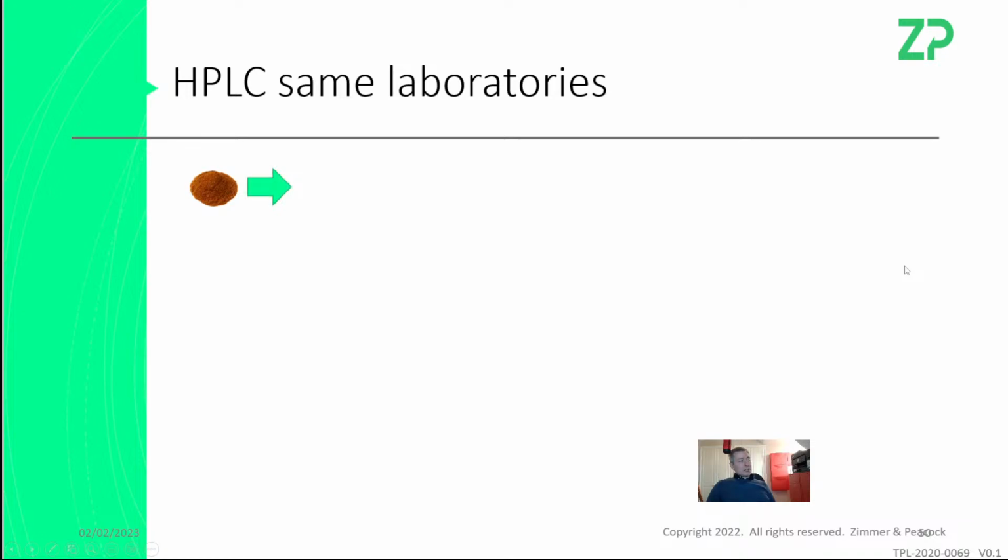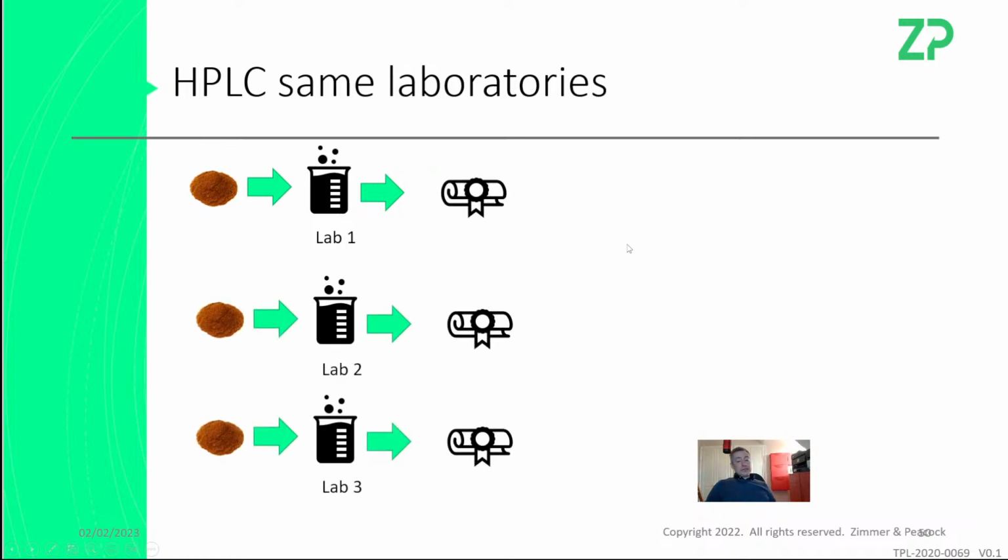There's also another challenge you can try: send the same samples from the same batch to the same lab, but you almost have to blind the lab. The lab shouldn't know. If you send it over time, that can also help, and I literally mean over time. If you send them all at the same time, they'll all go in the same machine the same day, and you'll get fairly consistent results.